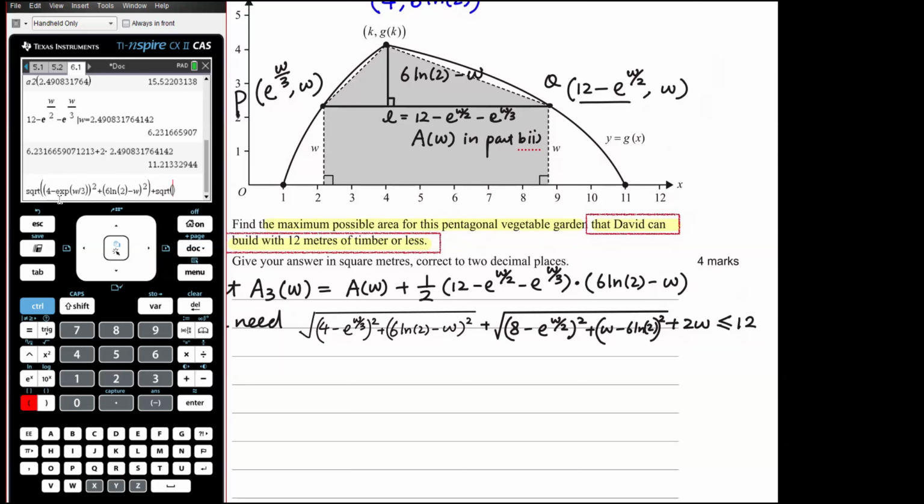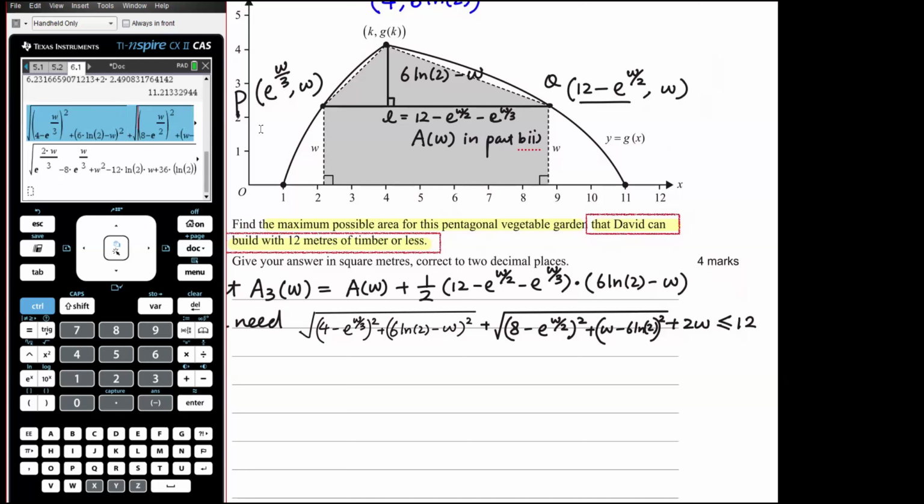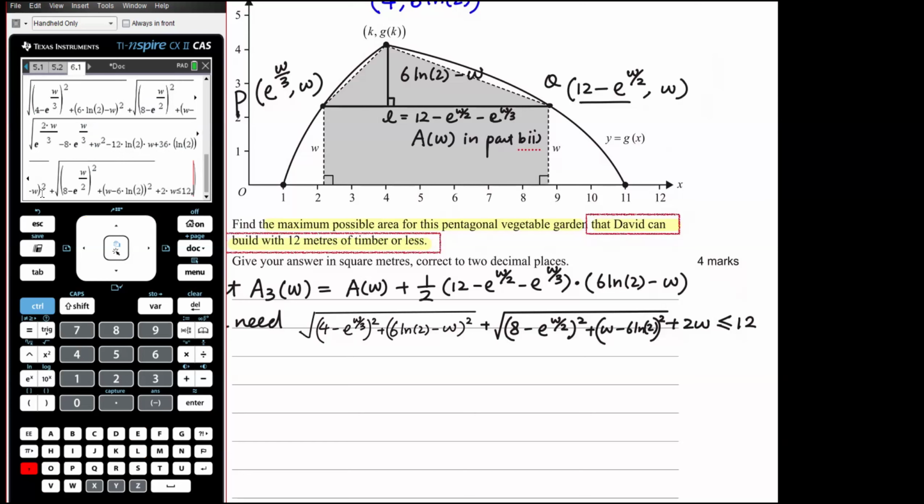This is one square root, add another square root. (8 minus exponential W over 2) whole thing squared, plus (W minus 6 natural log of 2) whole thing squared, plus 2W less than or equal to 12. So you get that inequality. You can see this is quite a long inequality, okay? And then you just solve that for W.